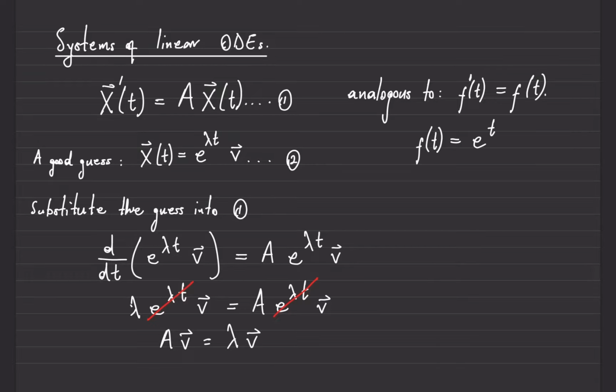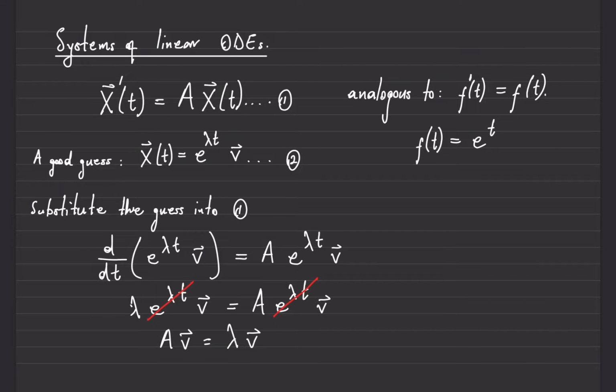A non-trivial solution is this one. When we take the derivative of the exponential of t, e to the power t, we get back e to the power t. And that means the derivative of this function is going to be equal to the function itself.